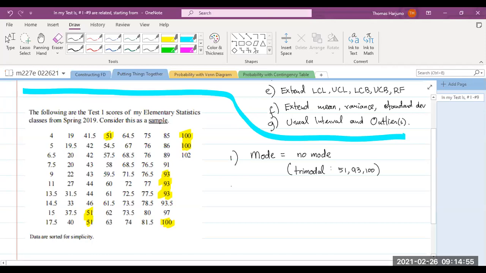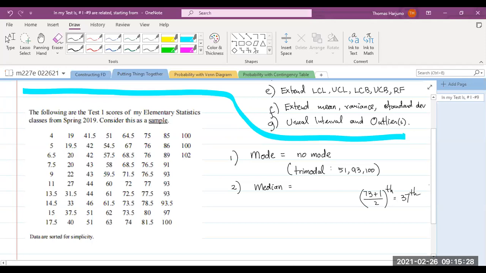Next, the second question: find the median. Let's see the position of the median first. There are 73 data as we computed earlier, right? Plus 1 divided by 2 tells us the position. 74 divided by 2, that's the 37th.